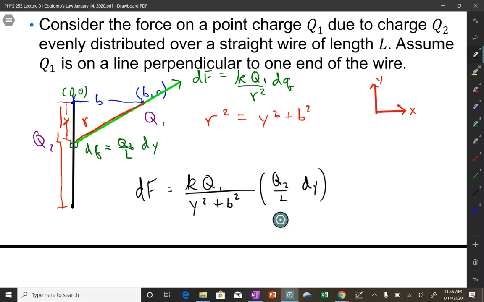And if I take a little piece down here, then df is pointing up here. If I add up the magnitudes of df, I'm going to get a much bigger number than if I take the vectors and add up the vectors. And so what I have to do is say, what's the x component of df and what's the y component? I add up all the x components, add up all the y components, and that will give me my answer.